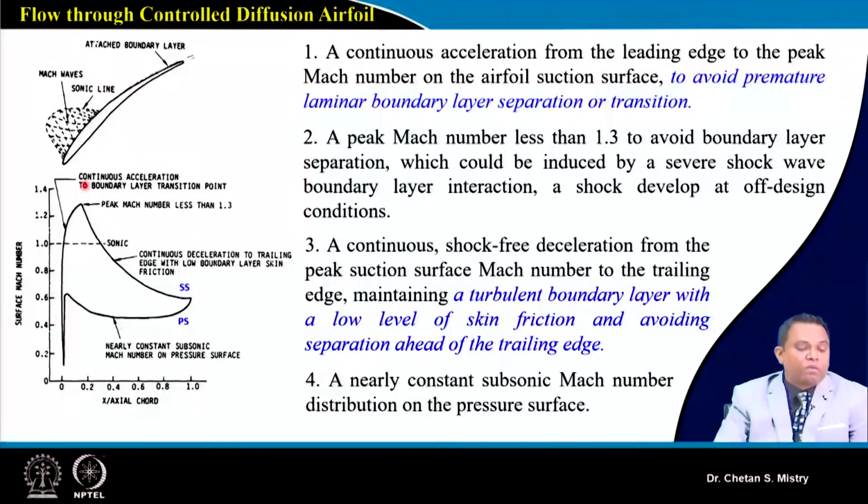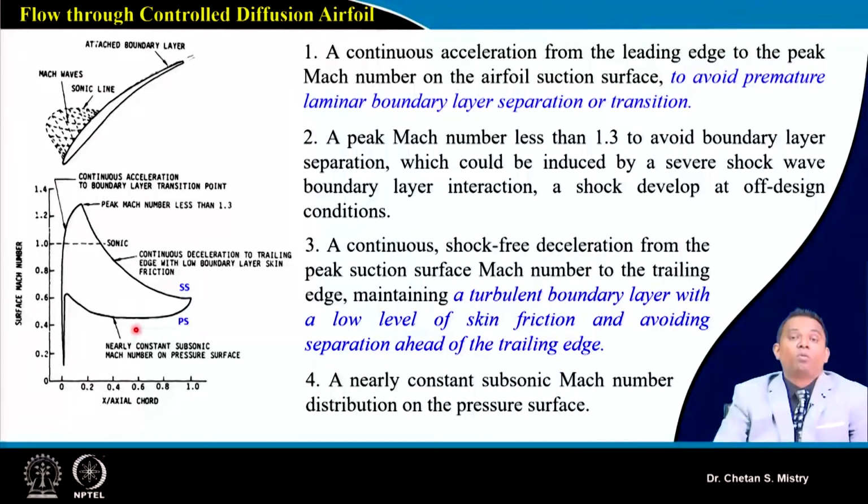Now if we look at what is happening on the pressure surface, there also in the initial stage we have acceleration, and in the later part we have nearly constant subsonic flow on the pressure surface. So this is a controlled diffusion kind of aerofoil.